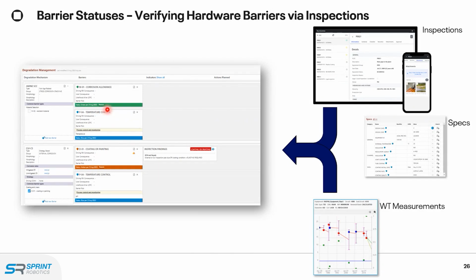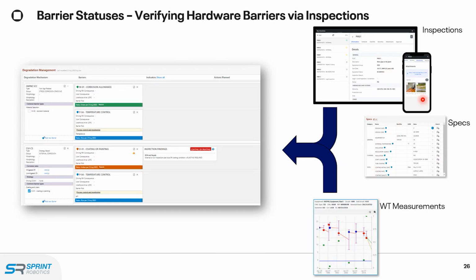If I have a coating issue, my status will be red. If I implement a corrective action, it will become yellow. If that correction is implemented, it goes back to green.